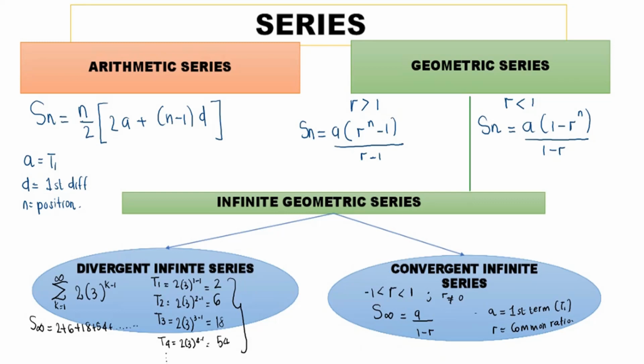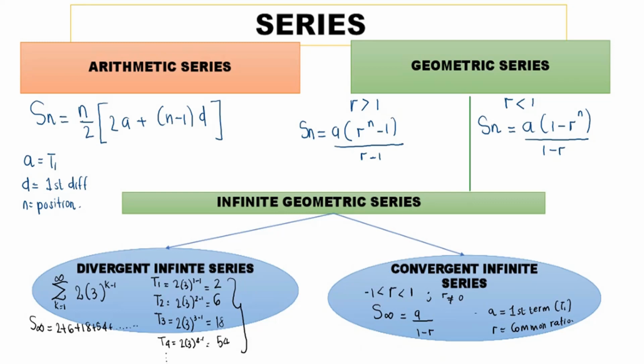It is also important to note that if you are given a convergent infinite geometric series, the values that you will get when you sum up the terms of that series will approach, or converge, or get closer to a particular value.